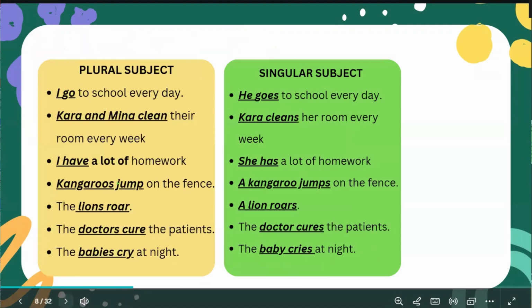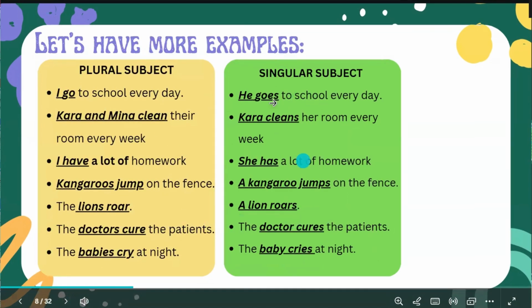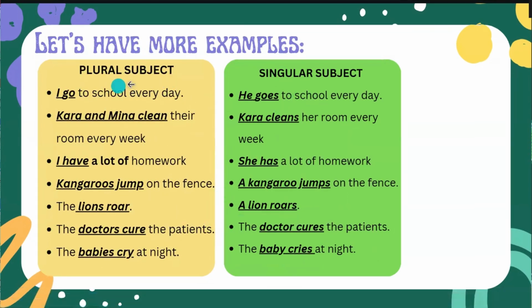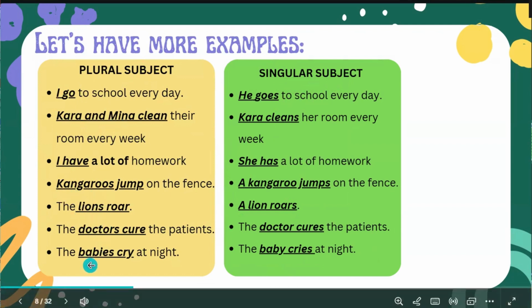So let's have more examples. So we have here two sets of examples. Isang plural subject at isang singular subject. So dito muna tayo sa plural subjects. So ang ating mga subjects dito ay ito, I, Kara and Mina. So that's two people. I, kangaroos, lions, doctors, and babies.